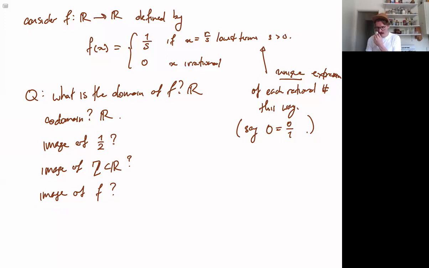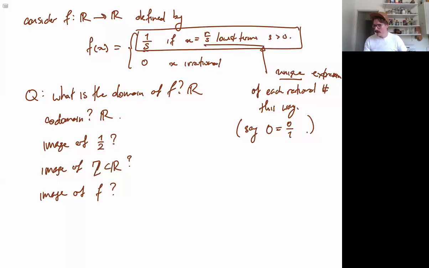What is the image of 1/2? Well, first of all, it's a rational number. And then if we look at the relevant section of this definition, which is the top part, we see that we write it in lowest terms, r over s, with s greater than 0. It is written like that already. And then we take 1 over s.